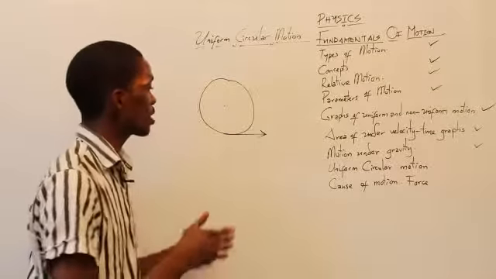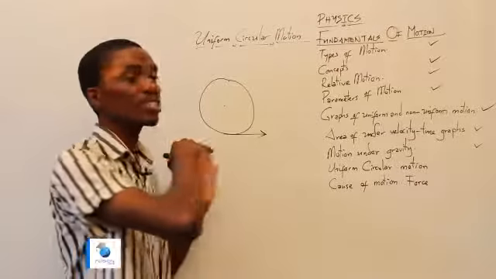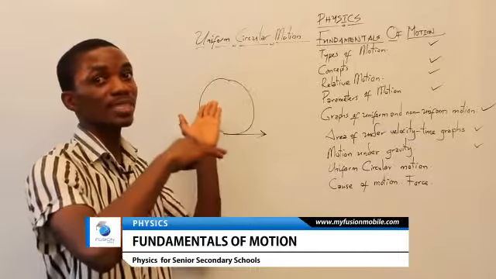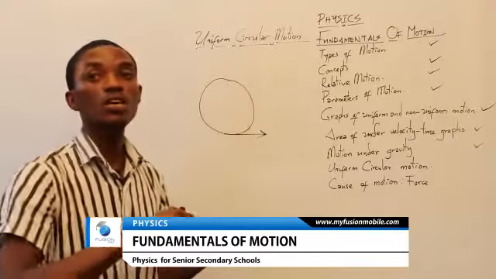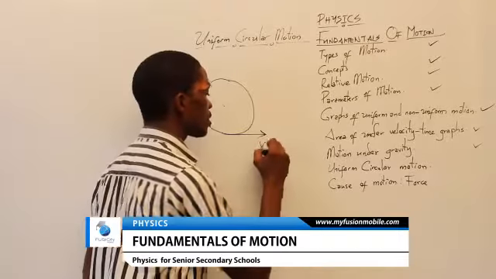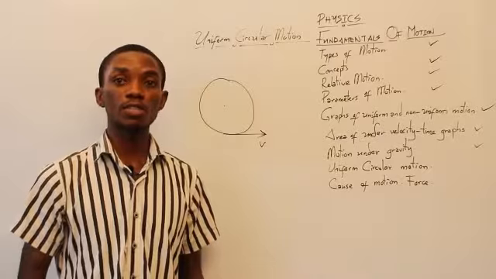It will try to escape from the circle in a tangent, in a line that is tangential to the circle. That is a line that is at 90 degrees to the radius of the circle. Now, at that point, the velocity kicks in.